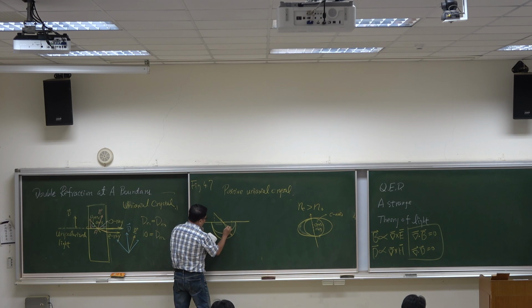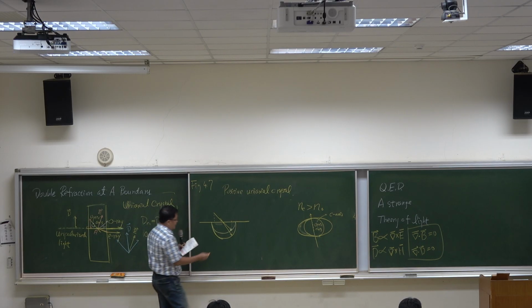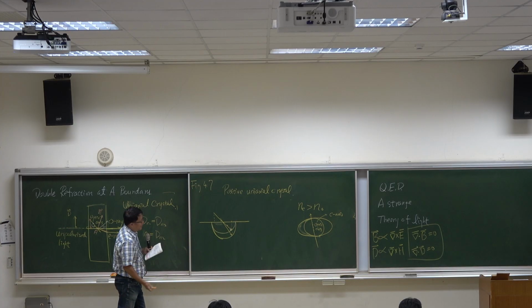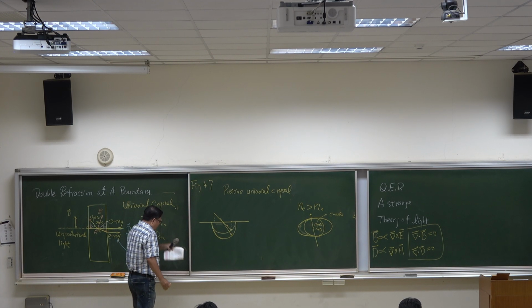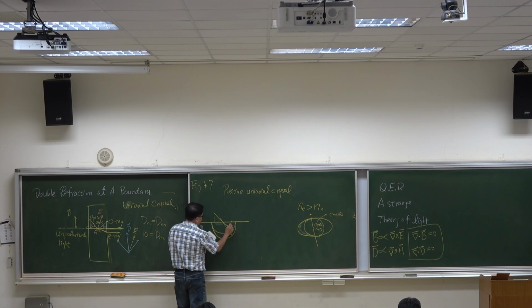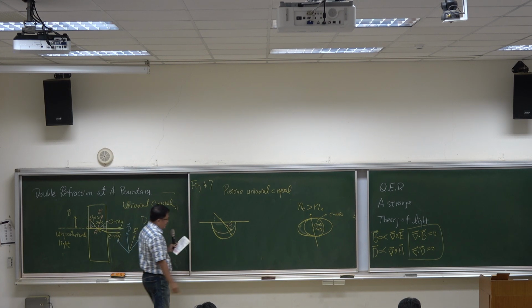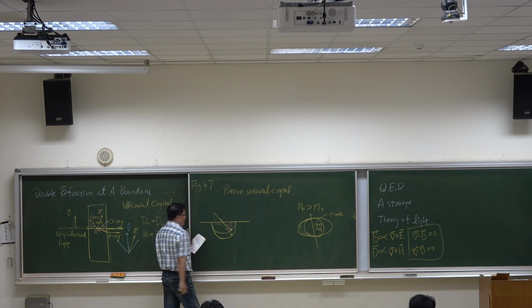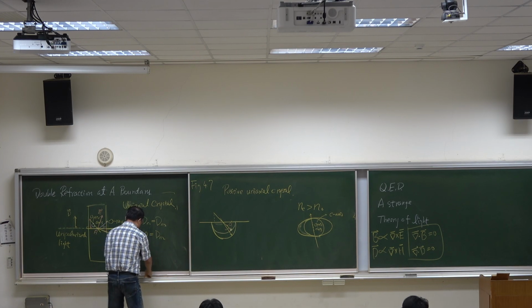So for O wave, the polarization of the E vector is the direction pointing outside of the backbone. This is the O wave or O ray. And for the second possibility, we have the E vector lying on the backbone. This is the E ray or E wave.